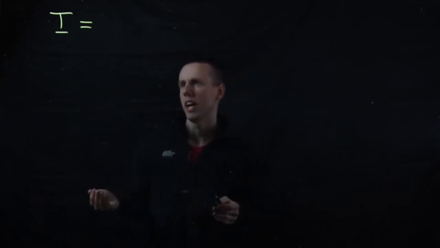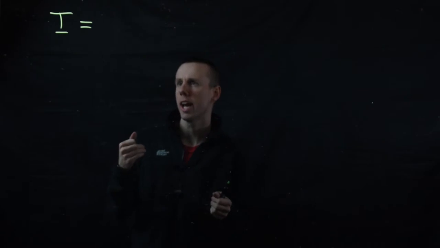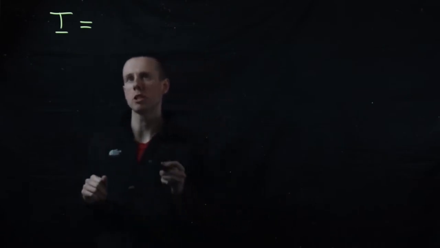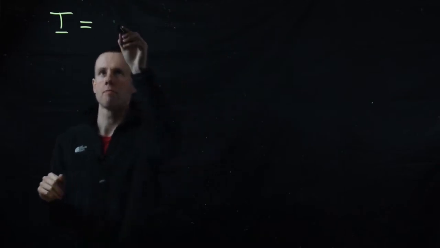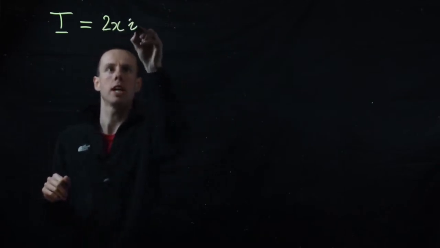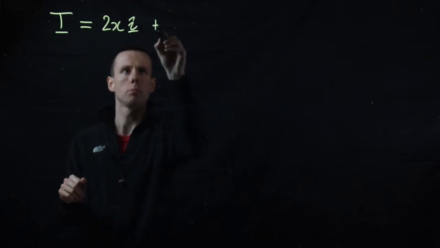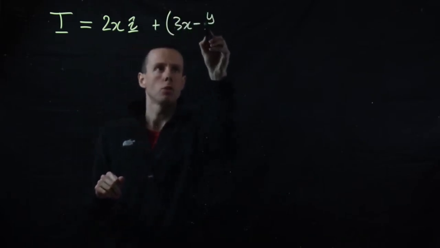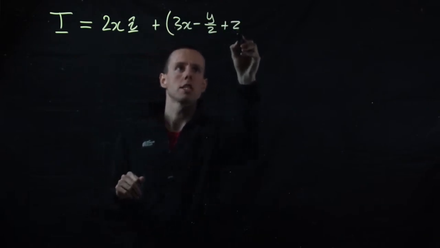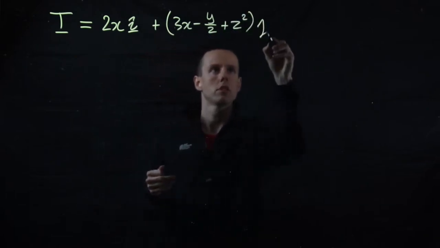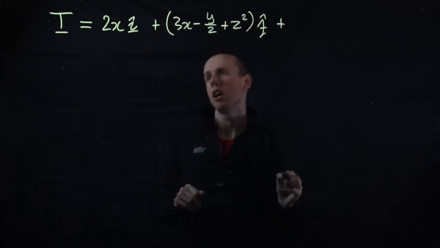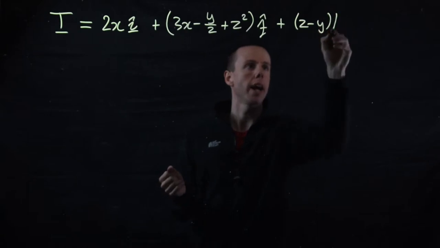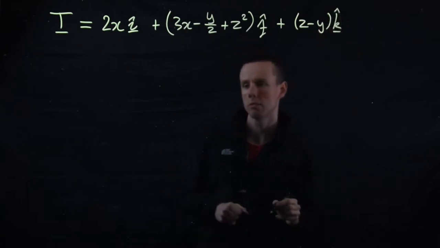So imagine I have a vector field and it's just in 3-dimensional Cartesian coordinates. So maybe it could be something like this: 2x times i hat plus (3x minus y over 2 plus z squared) j hat plus (z minus y) k hat.